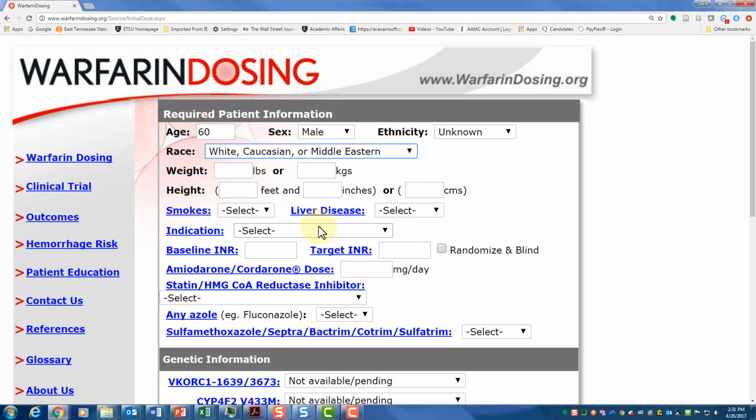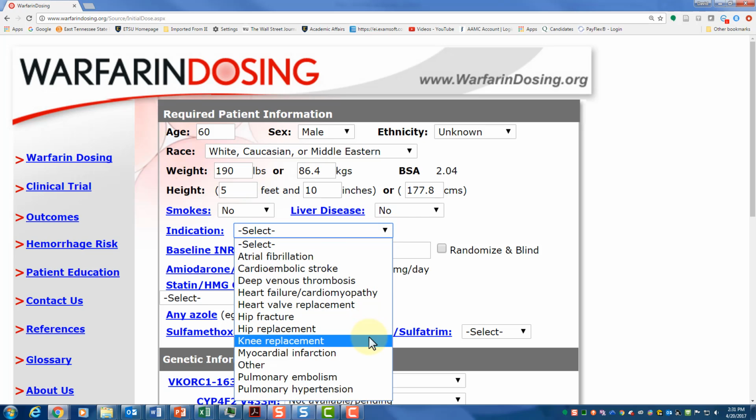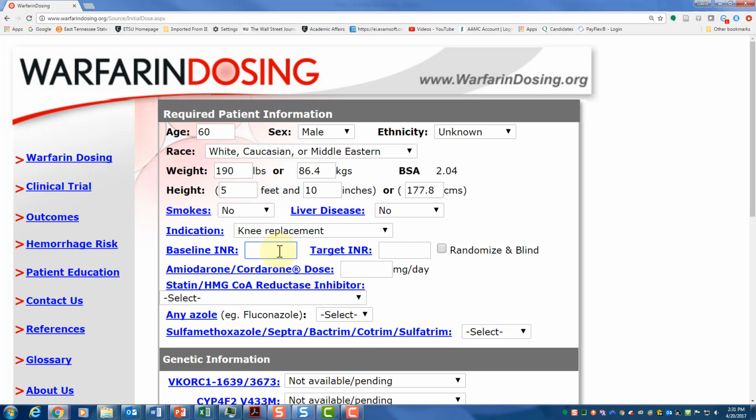He says he's Caucasian. His weight, we'll say, is 190, and his height is 5 feet 10, for example. And then we see if he's a smoker. No, he's a non-smoker. No known liver disease. Indication, we're going to say we're doing this for knee replacement.